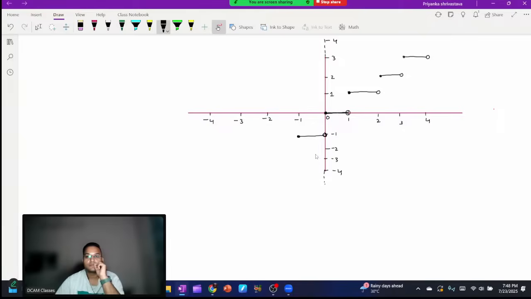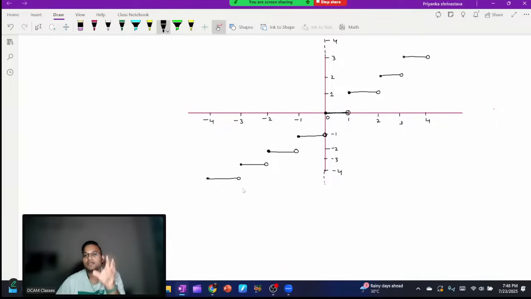Okay, sir, I understood. In short, if you want to remember, the step goes the same way, with the solid dot at the back and hole at the front. It won't reverse. Then you won't make a mistake.